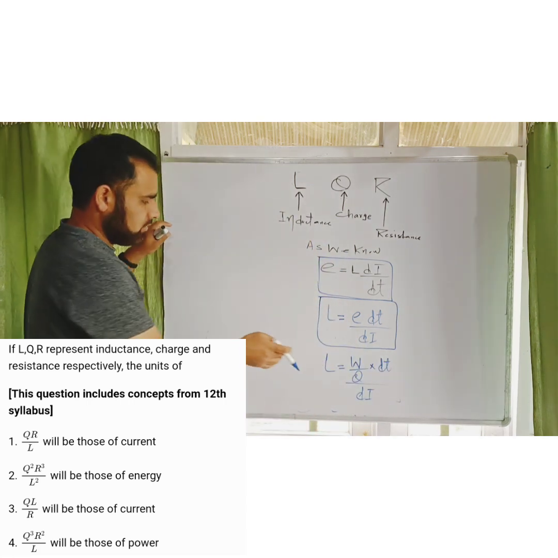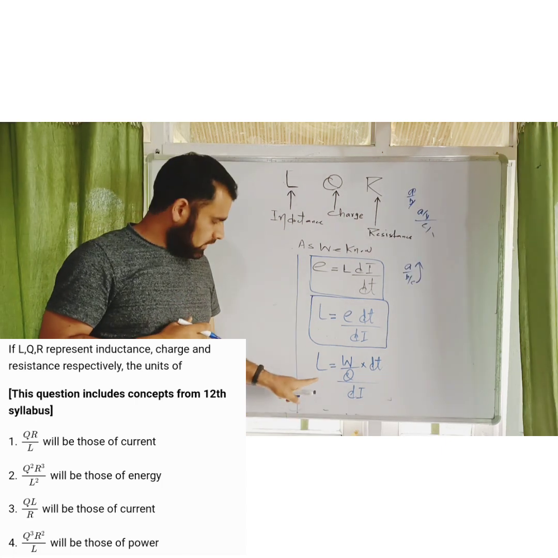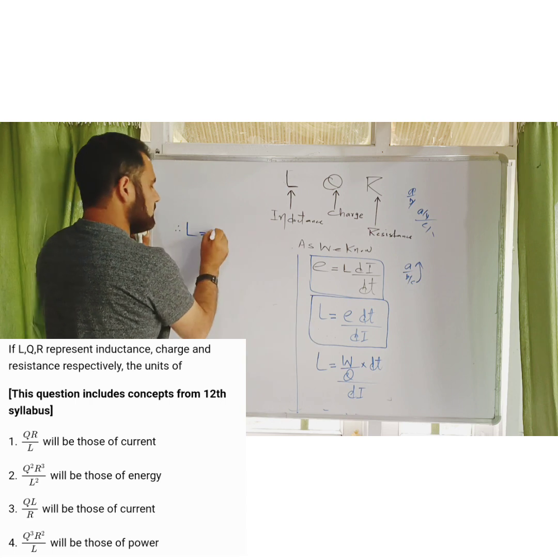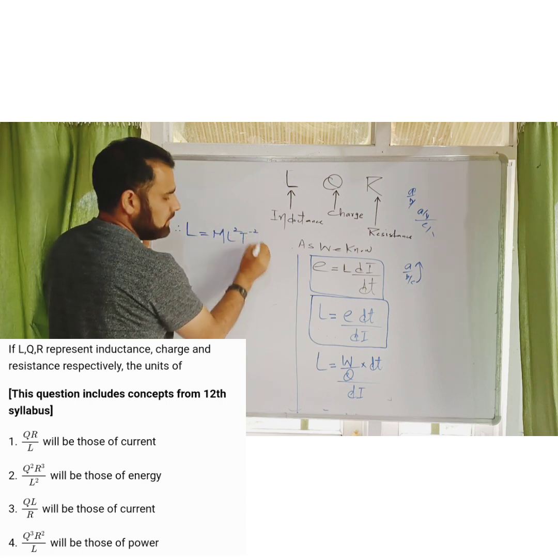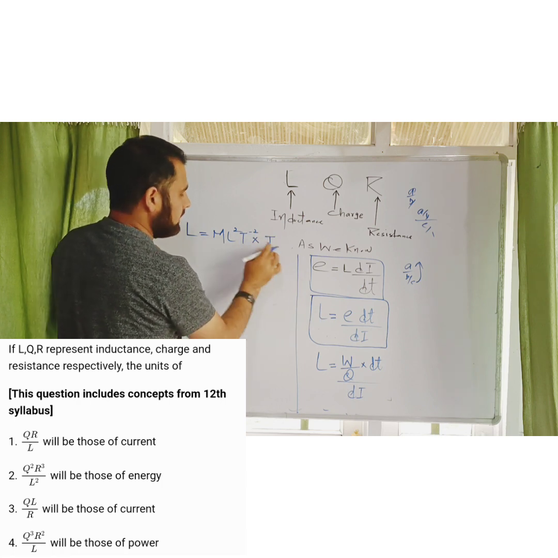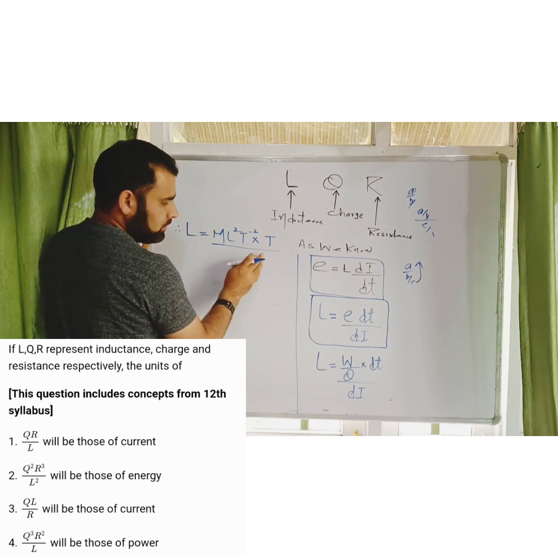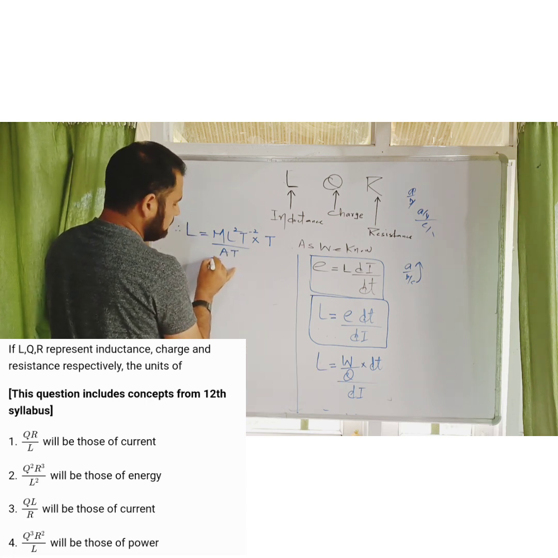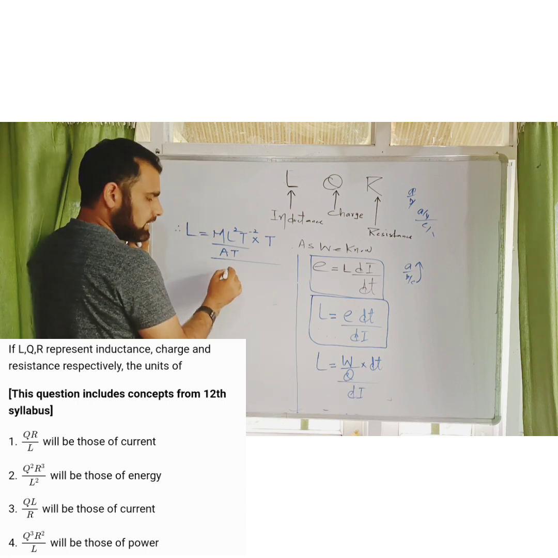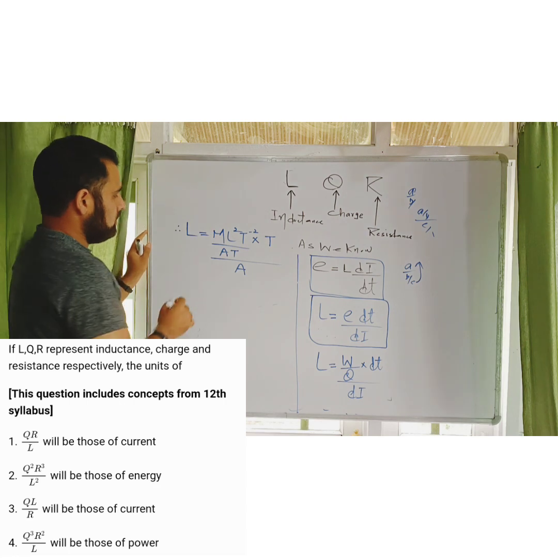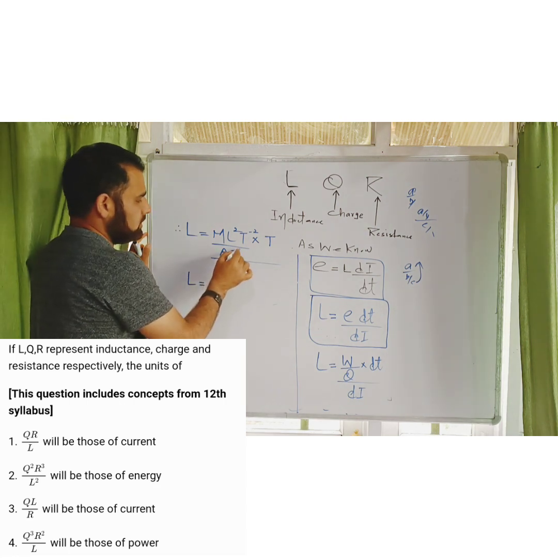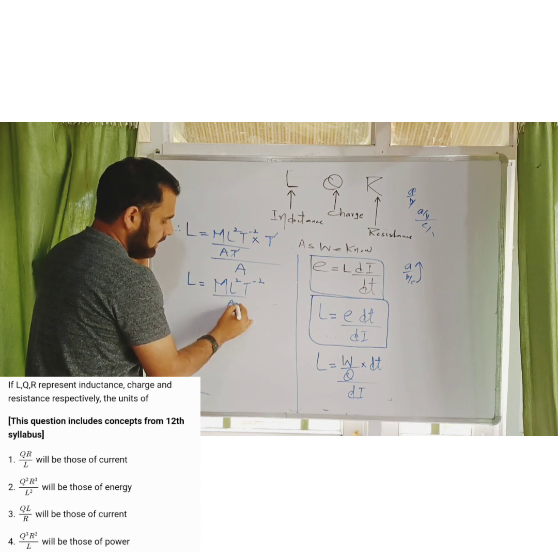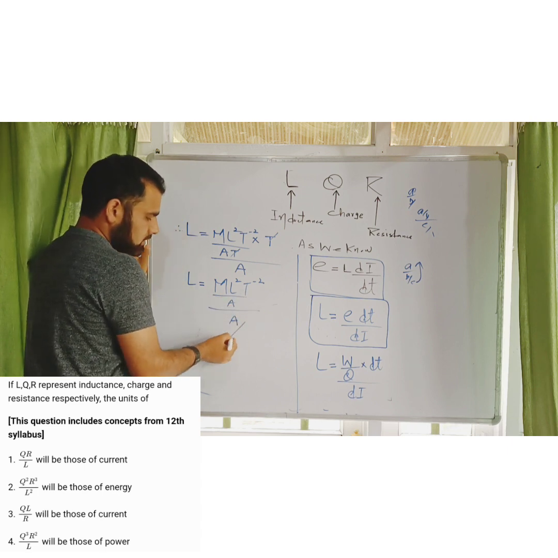Now deriving the dimensions of this L, therefore the dimensional formula for inductance L is W, so W is work, its dimensional formula is M L square T^-2, into dt, the time dimension is represented by capital T, divided by Q. The dimensional formula for charge is A T, divided by di, which represents the current, so it is represented dimensionally by A. So L is equal to, this T and this T cancel out, so it is M L square T^-2 whole divided by A, whole divided by A. Now let us divide this A by 1.